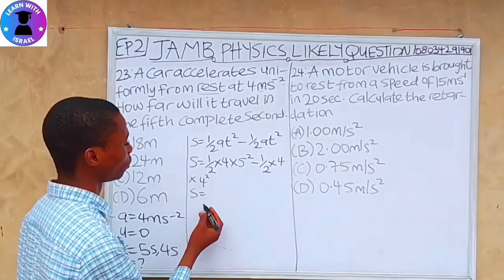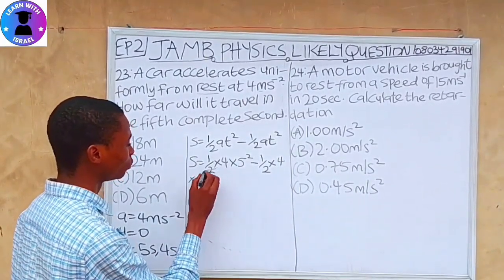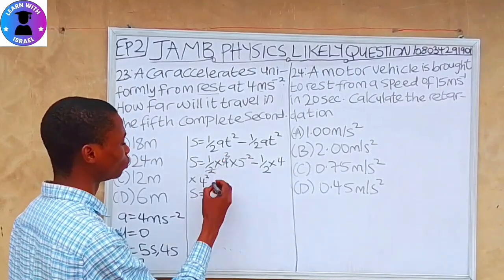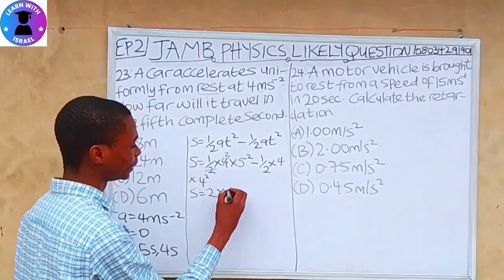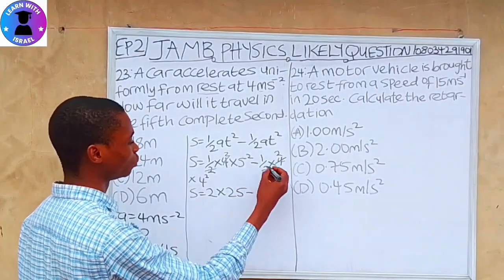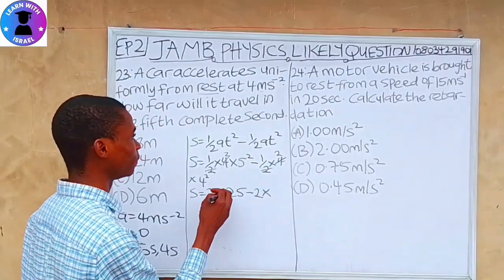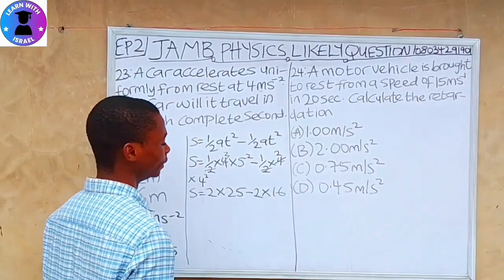So let's solve. Half, 2 cancels 4, so we are left with 2. So we are left with 2 multiplied by 5 square, which is 25, minus, 2 cancels 4, we are left with 2, so 2 multiplied by 4 square. What's 4 square? 4 square is 16.